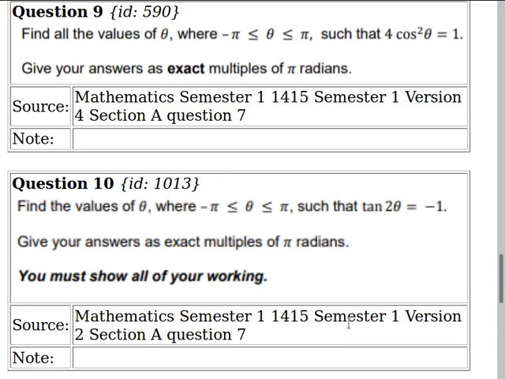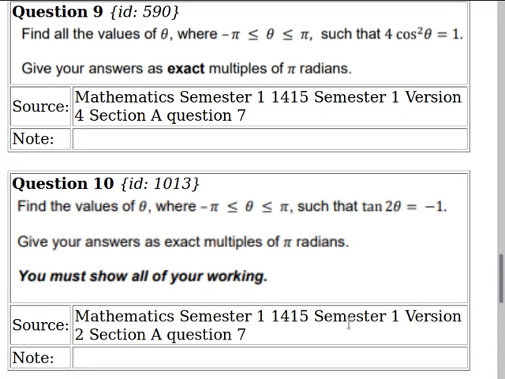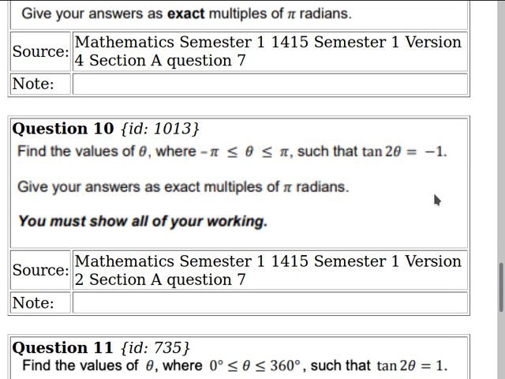Next one. Try number 10. Can you remind me of the rules for 10? 180 plus the first answer. Okay, try that one now. And third and fourth are the same as previous.